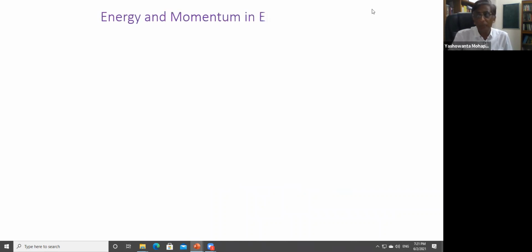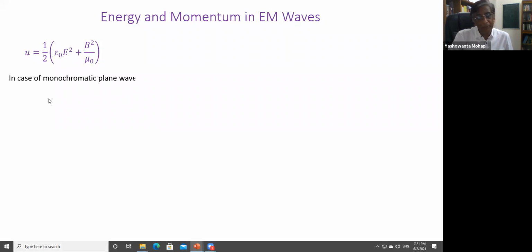Now, what is the energy and momentum in EM waves? Waves also carry energy and momentum, and we have already done quite a bit on that. So U, the energy density, we have already seen is half epsilon naught E square plus B square by mu naught. In the case of a monochromatic plane wave, B square is E square by c square, so epsilon naught mu naught E square.